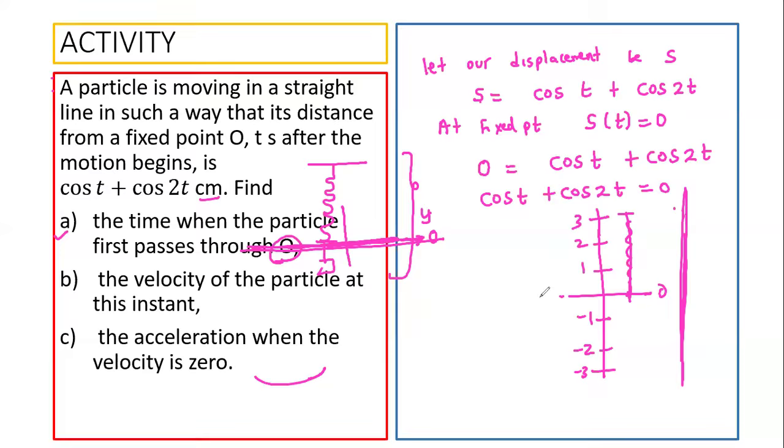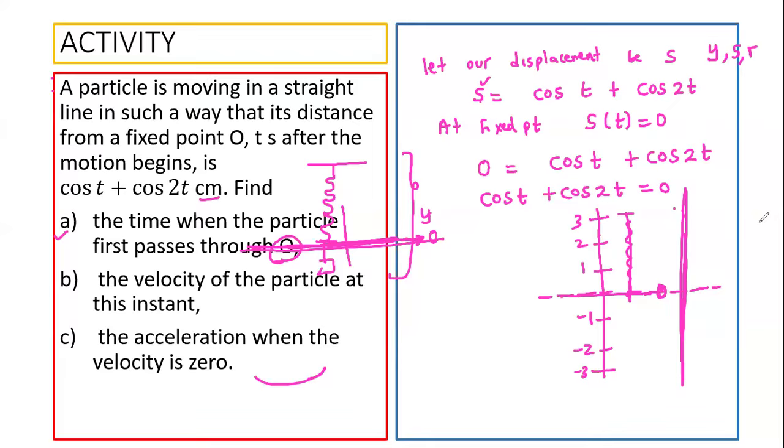Now, when the particle is at this point here, the fixed point, what is its displacement? When you look at the y values, it is 0. Now, S represents that motion. So sometimes they may use the letter Y. Sometimes they may use S. Sometimes they may use R. Are you getting it?